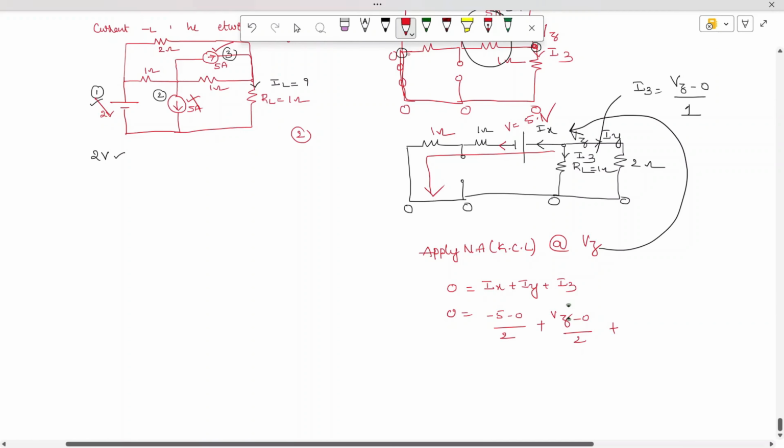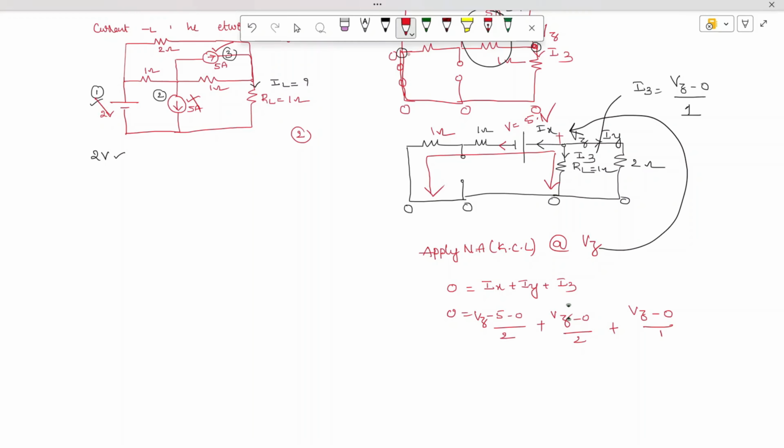How to write the current I3 in this branch? Vz minus 0 by 1. So this starts with Vz. Okay, Vz minus 5 minus 0.